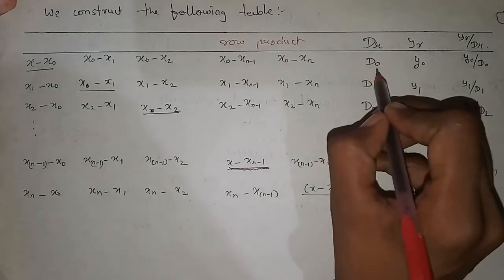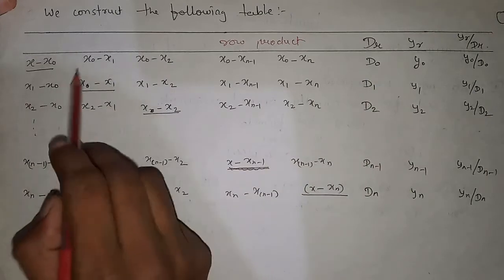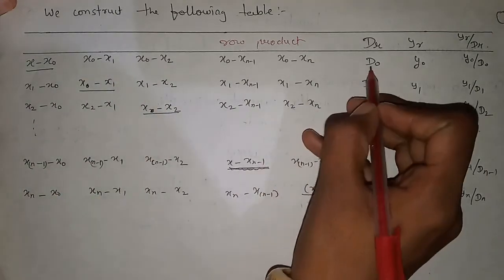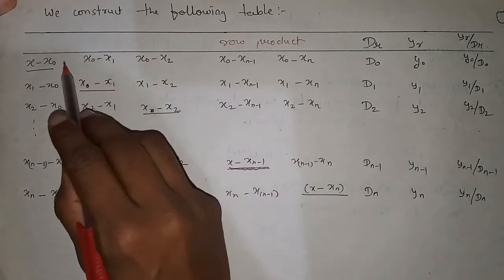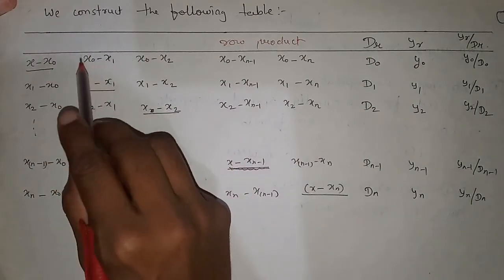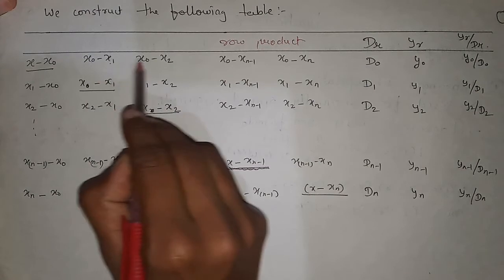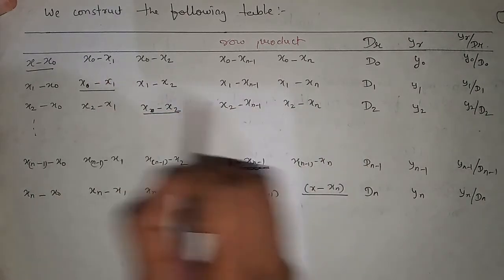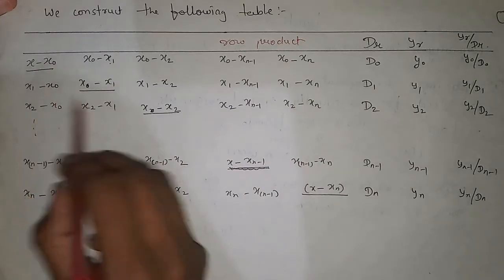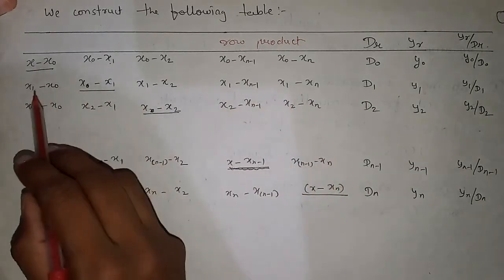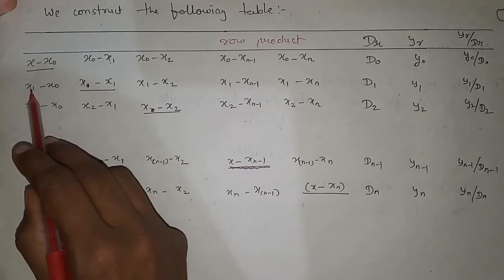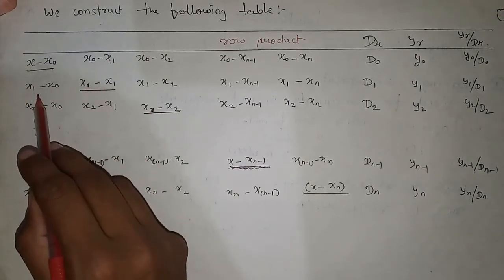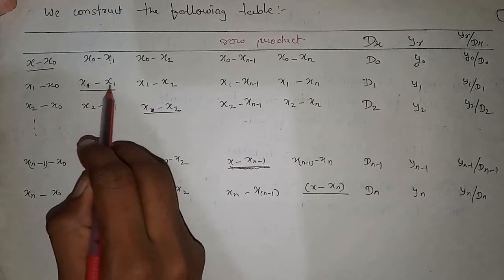So what is that? As I have already told you, d0 means we will subtract every argument from x0. So x0 minus x1, x0 minus x2, x0 minus xn. Similarly, d1 is nothing but the product of all factors formed by subtracting every argument from x1 except x1 minus x1.